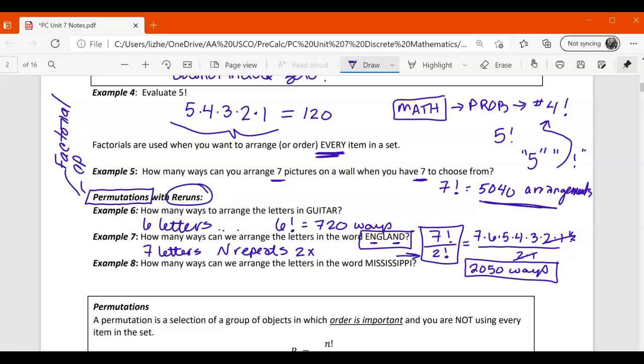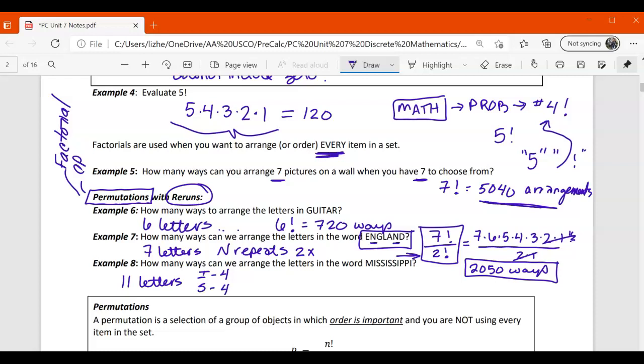Okay, example 8. So same problem, but this time we're looking at the word Mississippi. So we count the letters. I think there's 11 letters, but there's a lot of repeats. So we're going to set this up. We have the I repeating 4 times. We have the S repeating 4 times.